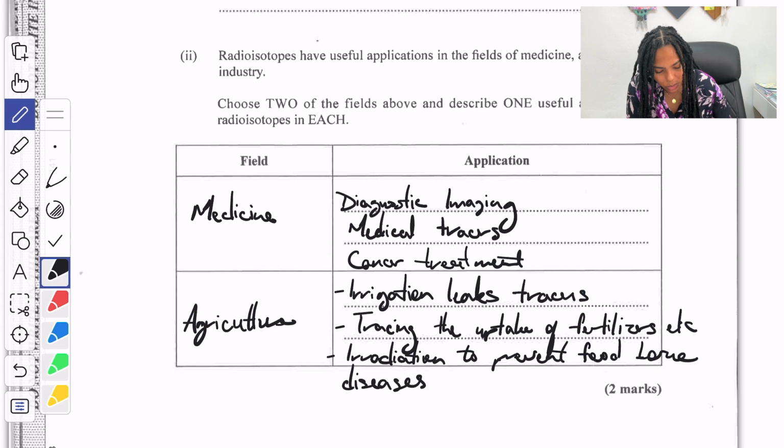The next one was industry. So maybe you could decide where you wanted to put something like carbon dating. I'm not really sure where, because technically it could fit under industry, I guess. So one, smoke detectors.